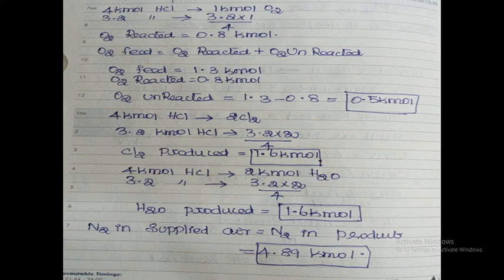Okay. Now we have totally 5 components: one is HCl unreacted, second oxygen unreacted, third chlorine produced, fourth water produced, fifth nitrogen in product. Are you clear or not? Okay. Why? Because nitrogen acts as an inert gas, entering is equal to leaving.